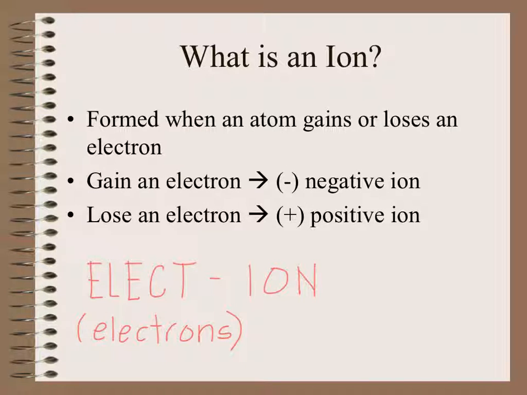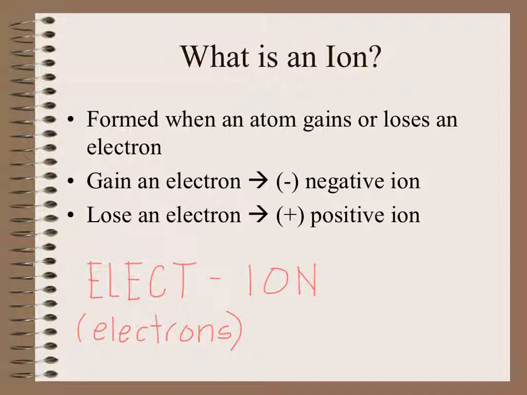Now the second type of particle in the atom that really likes to move is also the electron. Remember, the electron never stays still. It's constantly moving because it's super excited. So sometimes electrons jump from one atom to the next. And anytime this happens, a new substance called an ion is created.